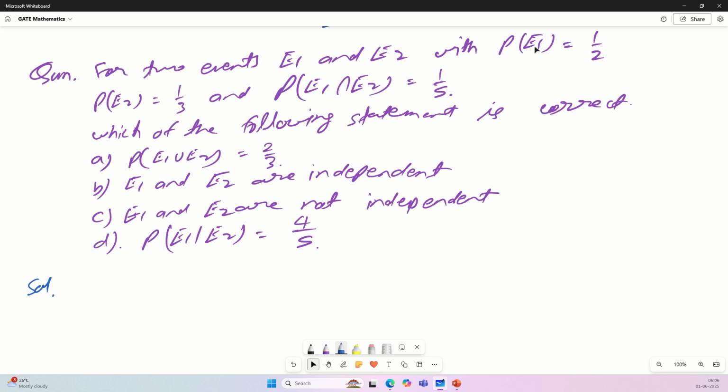We have probability of E1, probability of E2, and probability of E1 intersection E2, both are there, right? So do you think we have events A and B are independent? You have seen, right?